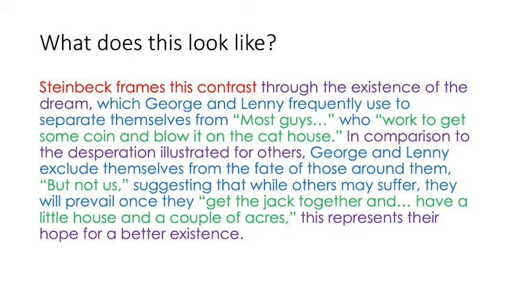"George and Lennie exclude themselves from the fate of those around them, but not us, suggesting that while others may suffer, they will prevail once they get the jack together and have a little house and a couple of acres. This represents their hope for a better existence." So notice how in this last part, I've used another piece of purple writing to reinforce that connection. This is what this represents. This is where I'm going with this.